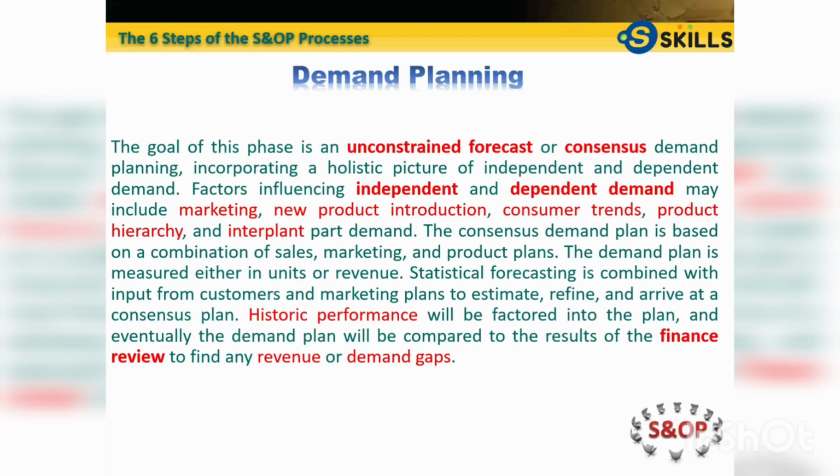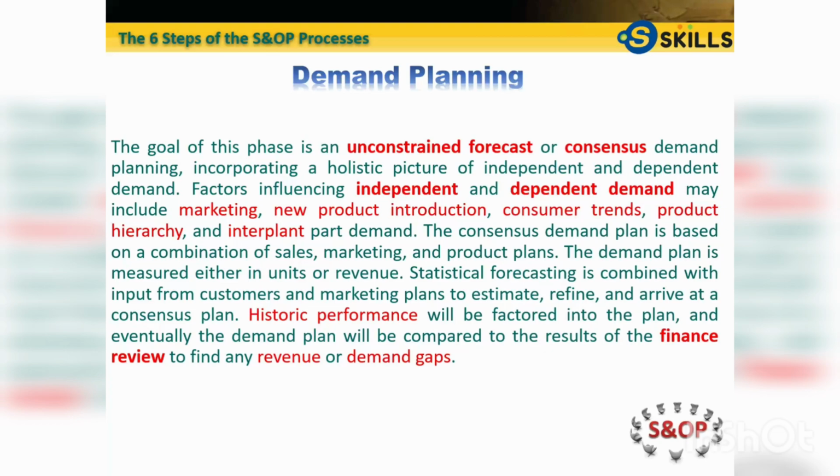Demand planning. The goal of this phase is an unconstrained forecast or consensus demand planning, incorporating a holistic picture of independent and dependent demand. Factors influencing independent and dependent demand may include marketing, new product introduction, customer trends, product hierarchy, and interplant part demand. The consensus demand plan is based on a combination of sales, marketing, and product plans.